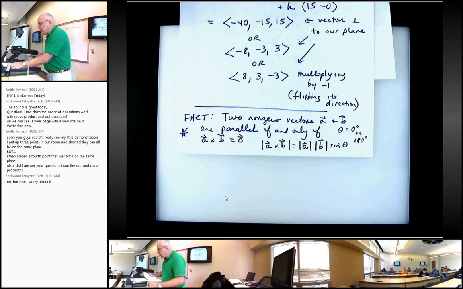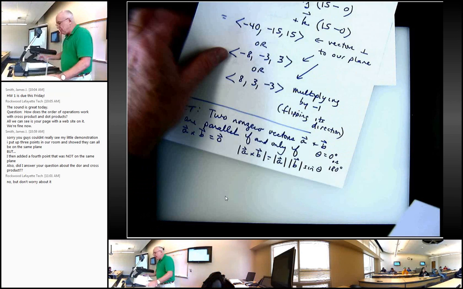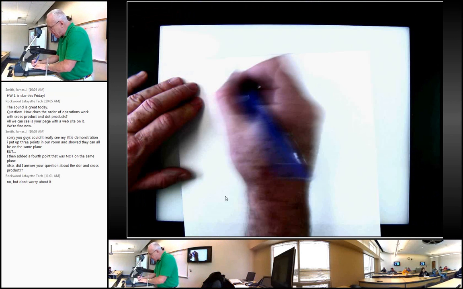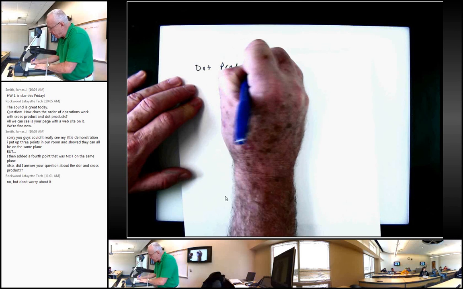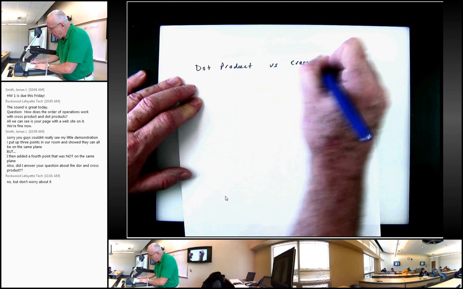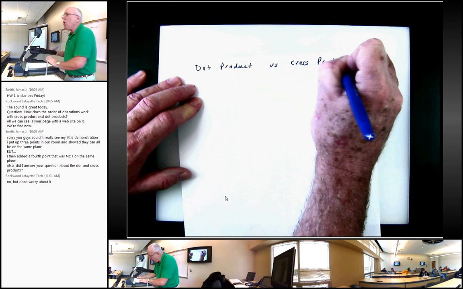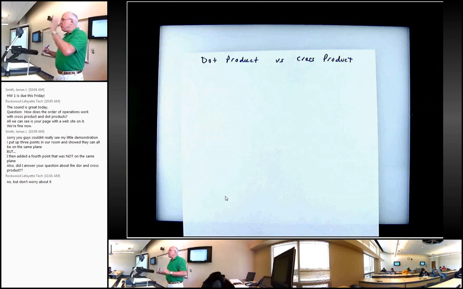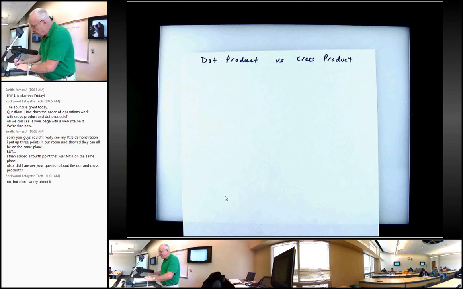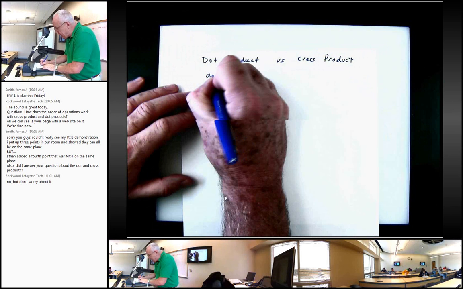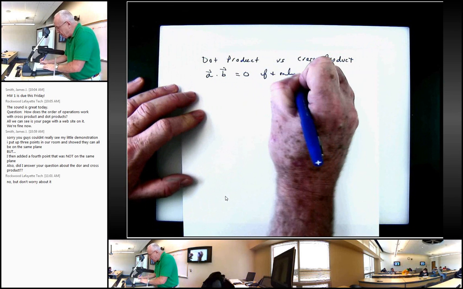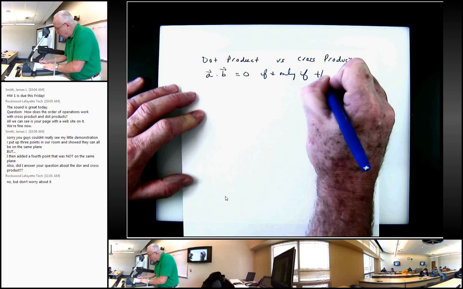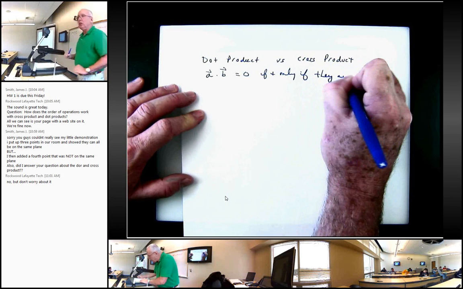So that's an interesting set of facts here. Let me look at this with the dot product versus the cross product. With the dot product, if their dot product is 0, then they're perpendicular. So A dot B equals 0 if and only if they are perpendicular.